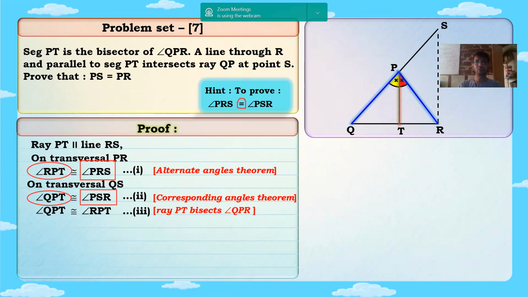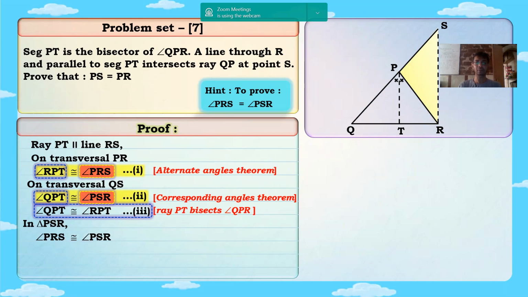Now look at the triangle, this triangle PSR. In this triangle PSR, from result number 1, 2 and 3, can I say left hand sides are equal? Yes. So I'll write angle RPT. As left hand sides are equal, we can say the right hand sides are equal. So angle PRS will be congruent to angle PSR. And what can be the reason behind that? From 1, 2 and 3.